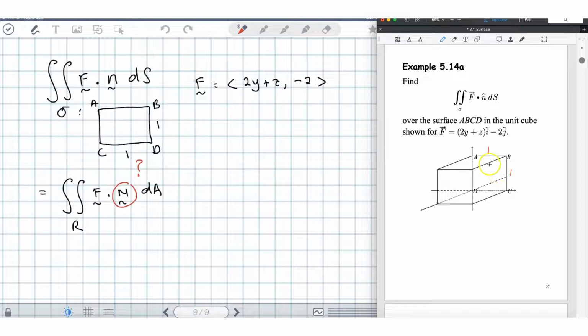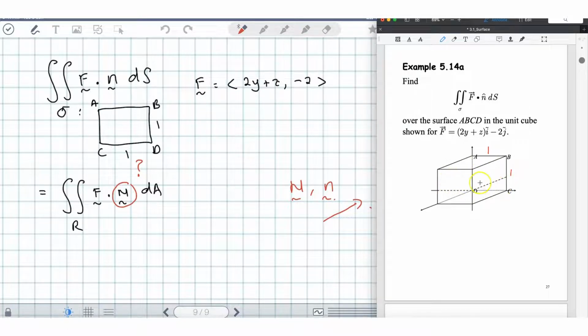You can see here the surface ABCD is part of the solid cube. When we say the normal vector or unit normal vector always points outward to the surface, that is the orientable surface, right? An orientable surface always points outward.